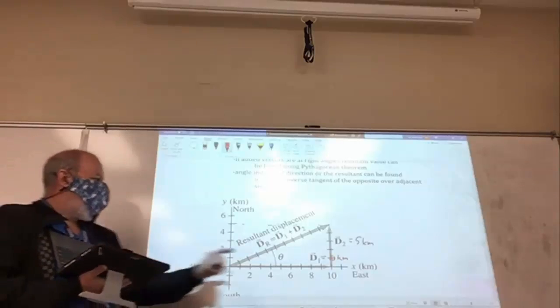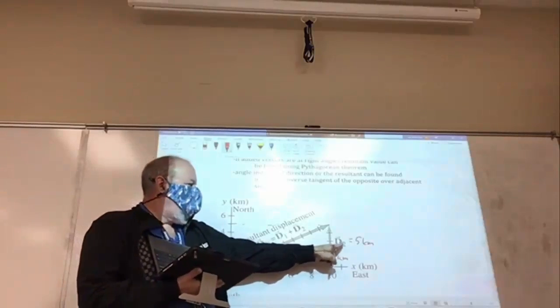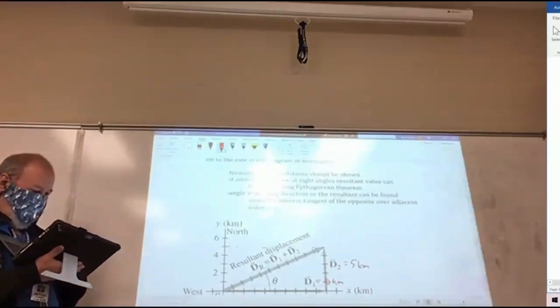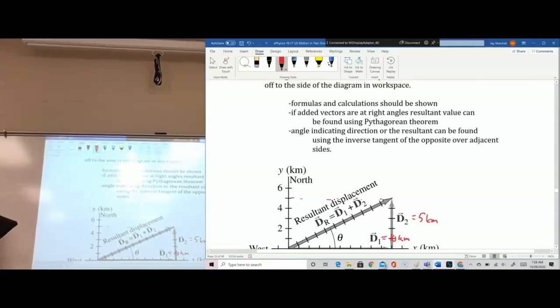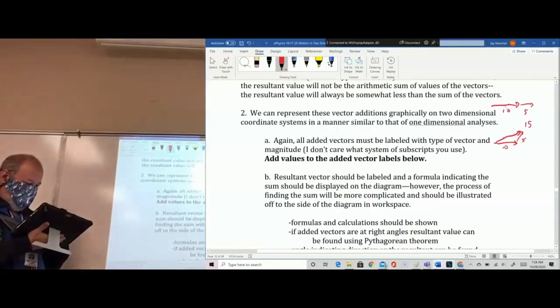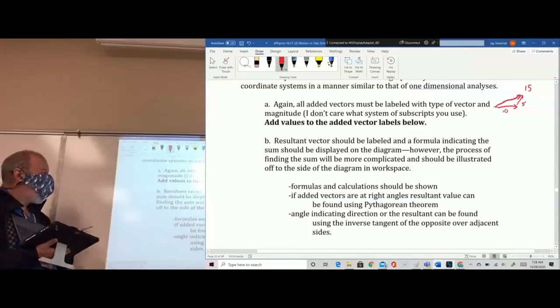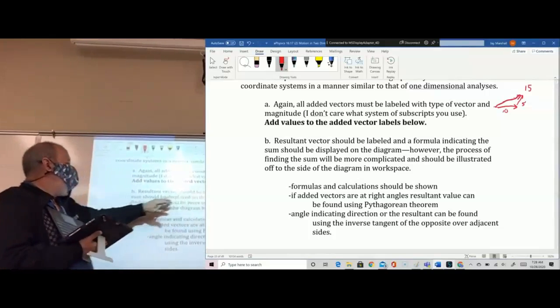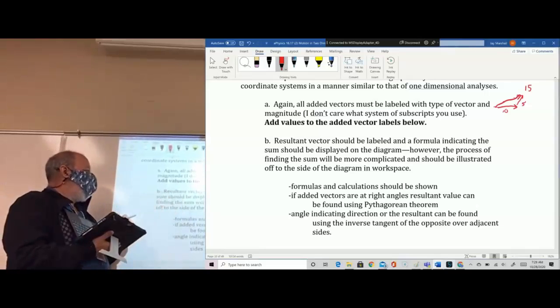Okay, so I want you to show me a label and a value for all the vectors. That's one of our rules. Okay? The resultant vector should be labeled and a formula indicating the sum should be displayed on the diagram.